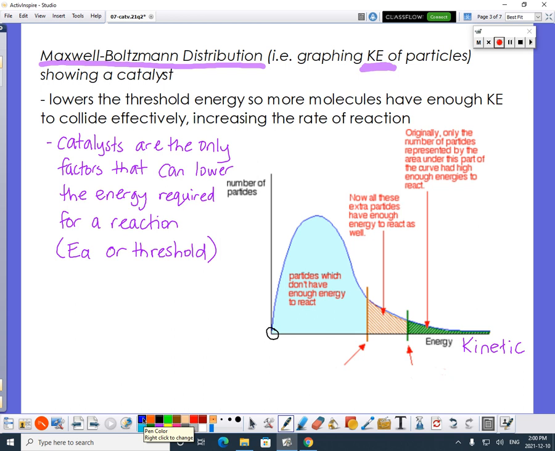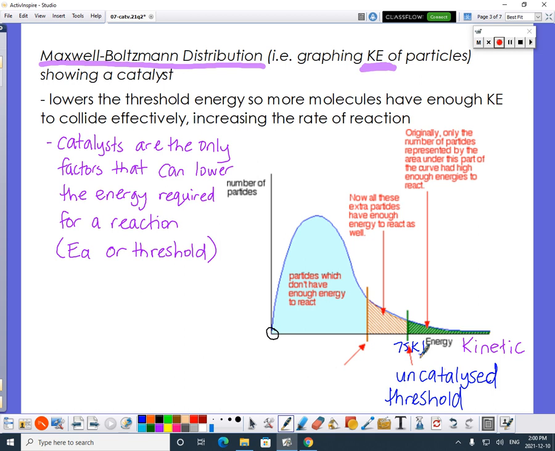So we'll call this the uncatalyzed threshold, or original maybe. You like that better? Never mind, I can't get it. If you want, make up a number. So we can call this, let's say, 75 kilojoules. So at 75 kilojoules, that's the threshold barrier.